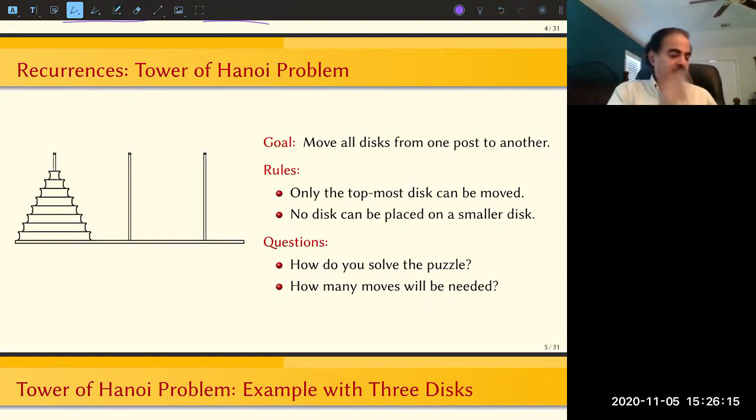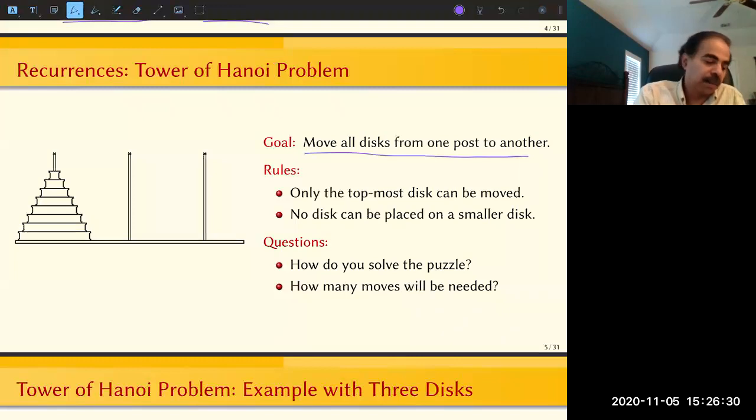So we're going to start by talking about this problem called Tower of Hanoi. Okay, so it's a simple game. The goal of the game is to move all the disks from this post 1 to, I think, the second post, right?